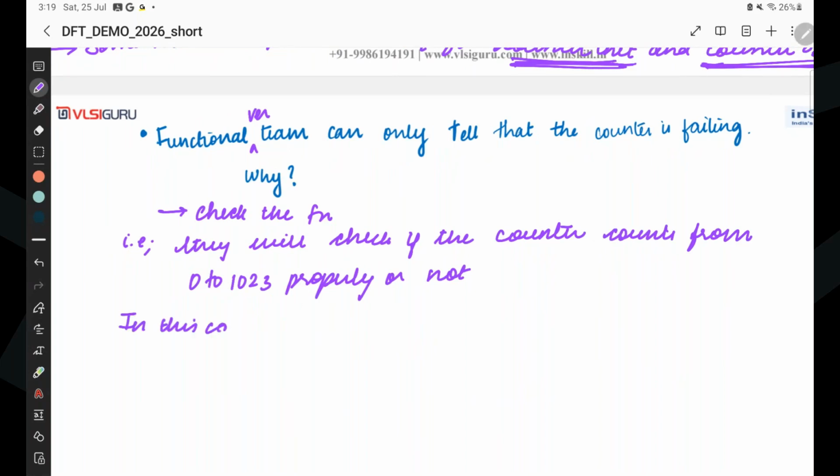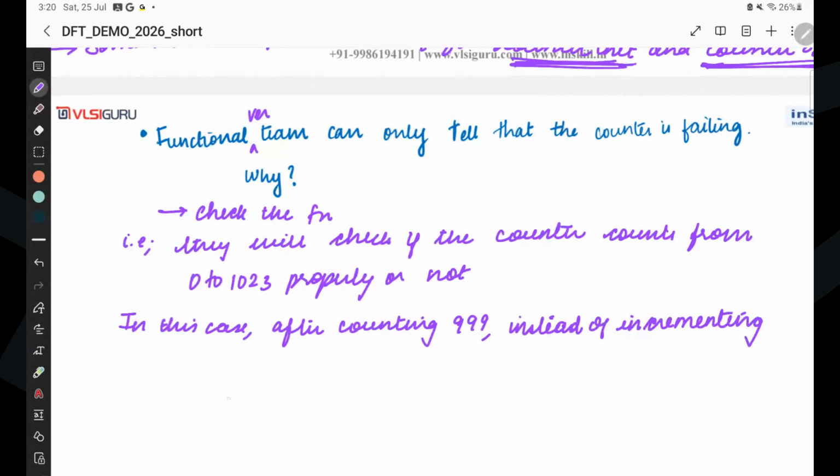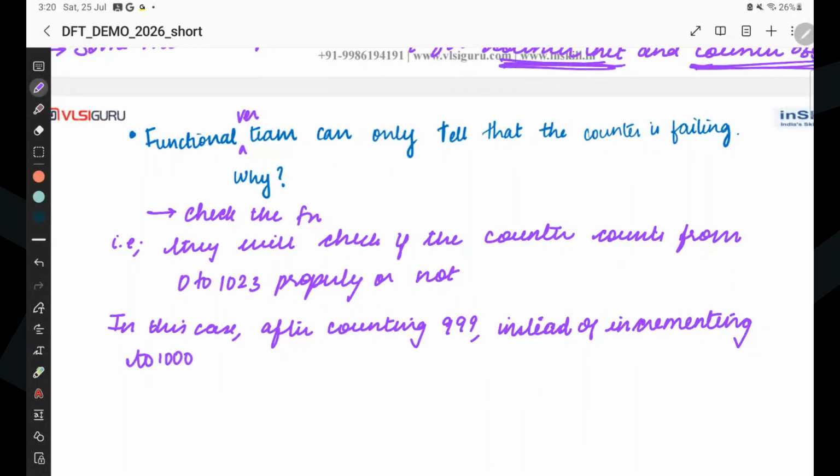So the counter has failed, and they can say that the counter has failed.